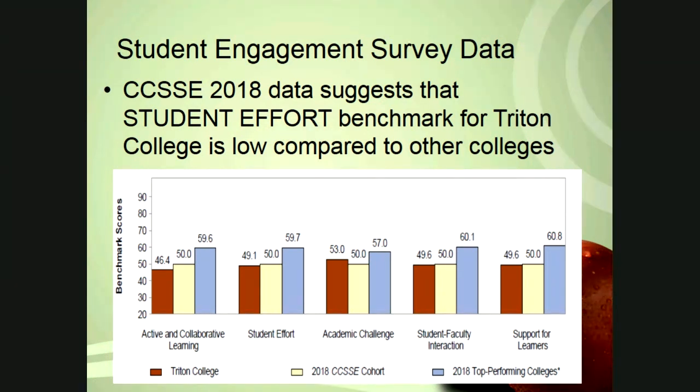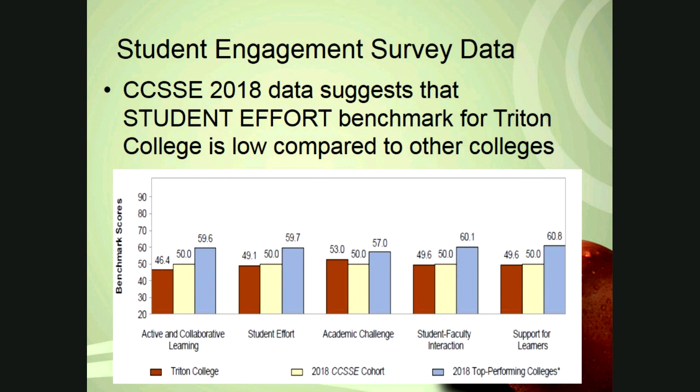So what you're seeing here, I don't know how familiar you are with the CCSSE data. It's the Community College Survey of Student Engagement. It's an institutional level national data survey that we give out, other colleges give out every 3 years, and it gives us really good data and student voice on some of the benchmarks you're seeing down there.